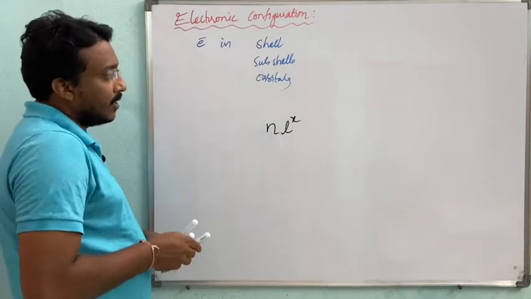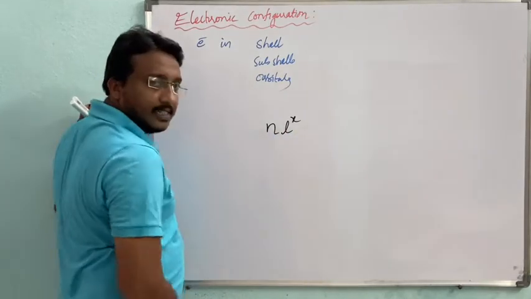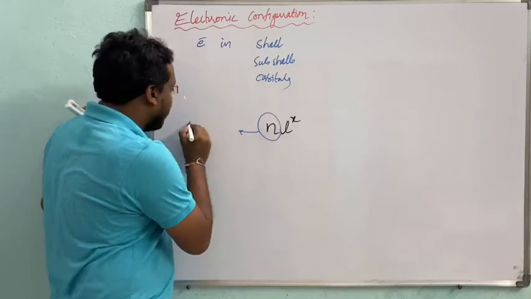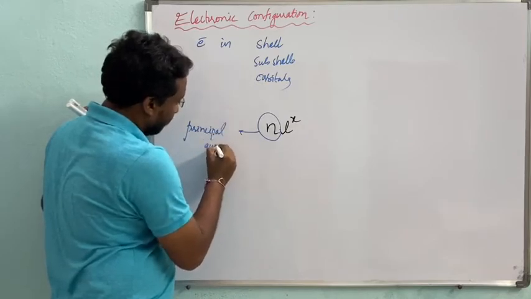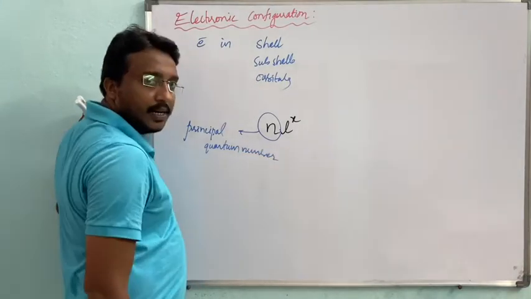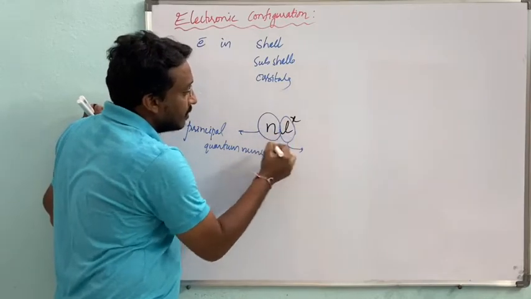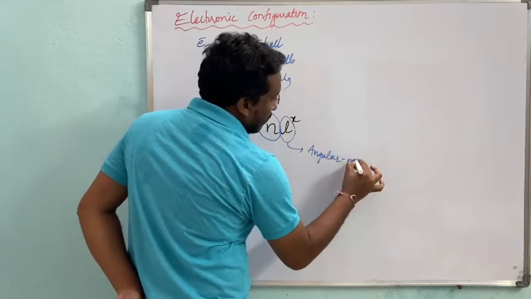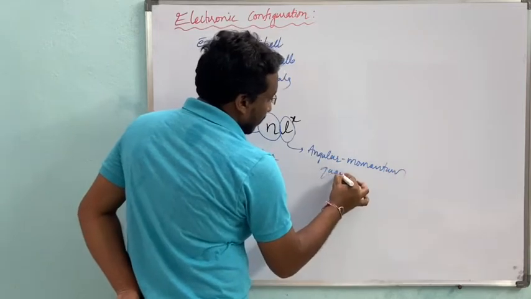This is a symbol notation. Symbolically here nlx, right? n indicates the principal quantum number, l means the angular momentum quantum number.